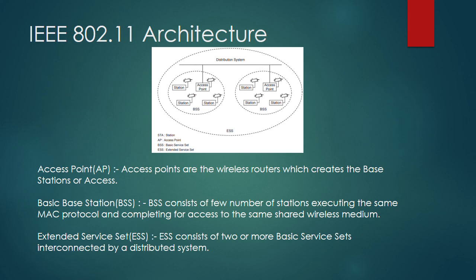And the last concept here is the IEEE 802.11 architecture. We call that Wi-Fi or WLAN architecture. In WLAN architecture, there are a few components we have to identify: the station, access point, BSS, and ESS. The stations are connected to an access point, which creates a BSS.